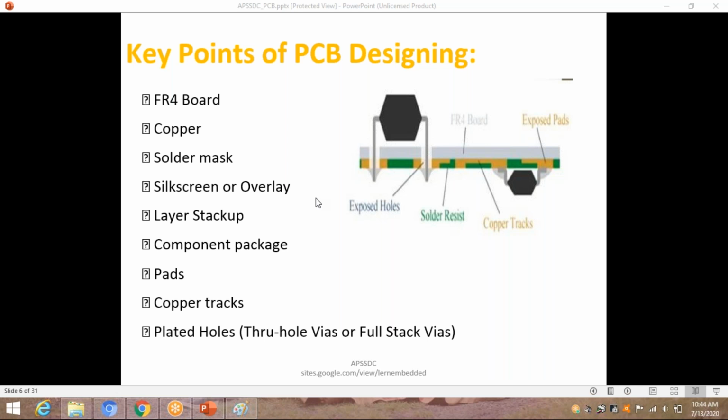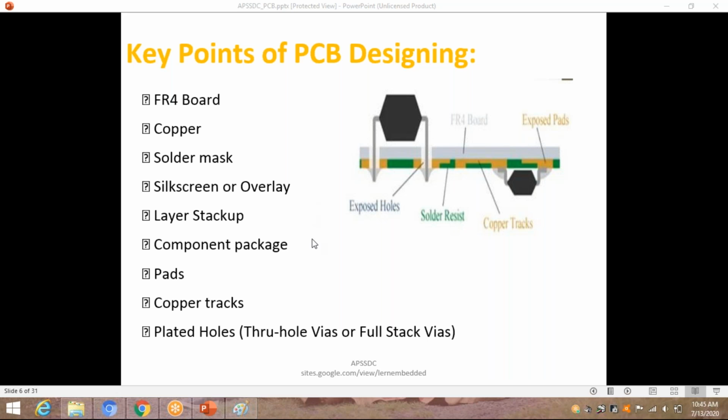Okay, silk screen or overlay. Silk screen is nothing but some of the PCBs have indications on them. Some markings, labels, names, etc. will be shown on some of the PCBs, that is called silk screen.